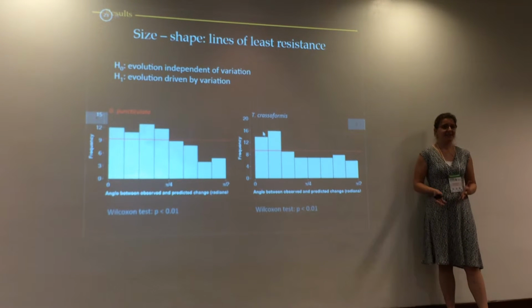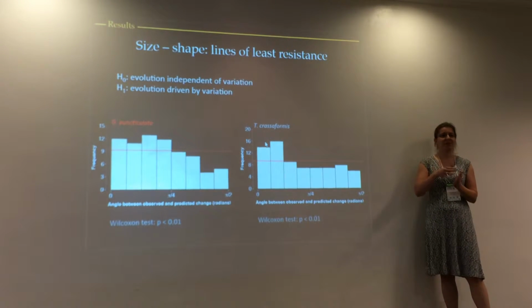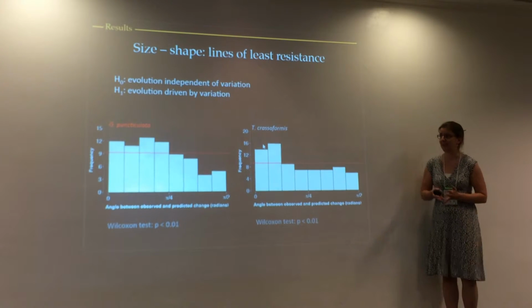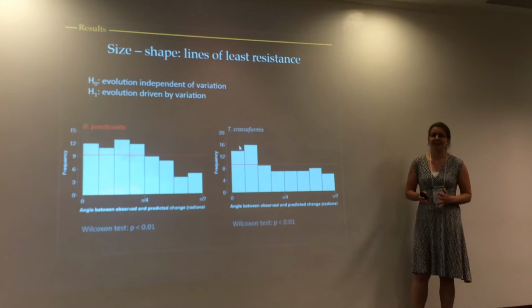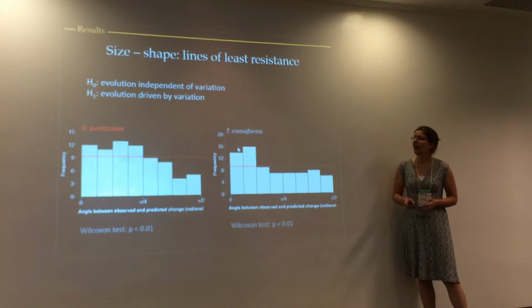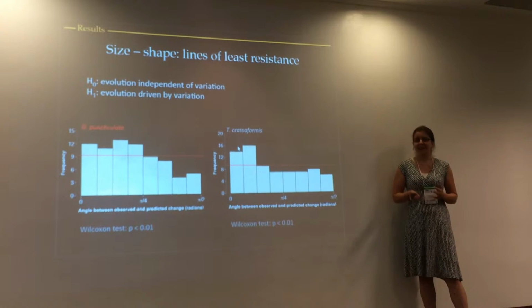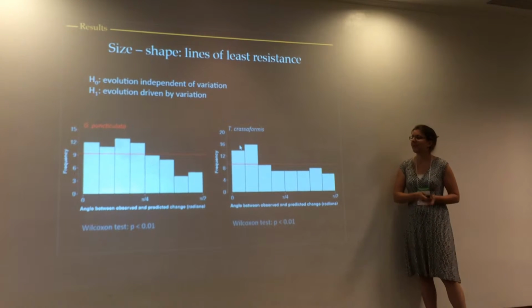To see if there's any statistical significance in these patterns, we looked at the angles between the direction of maximum variation of subsequent samples. If evolution is completely independent of variation, then we'd expect that the angles between two samples would be completely randomly distributed. But if variation does drive evolution, we'd expect the angles to be all relatively small.